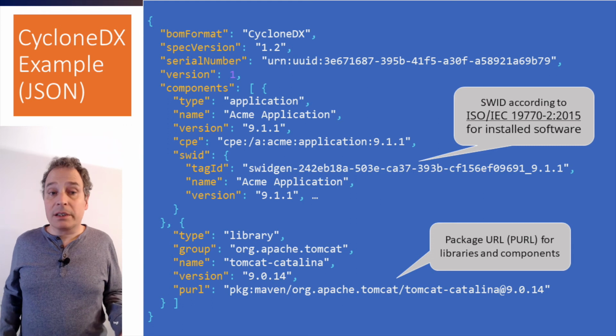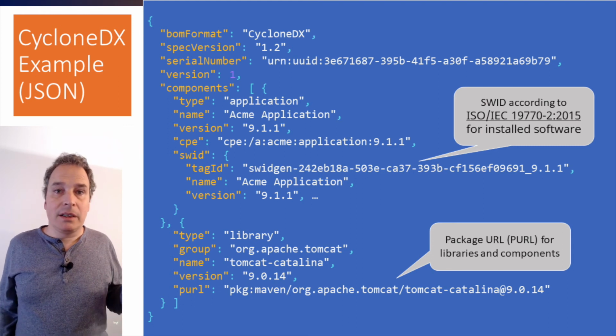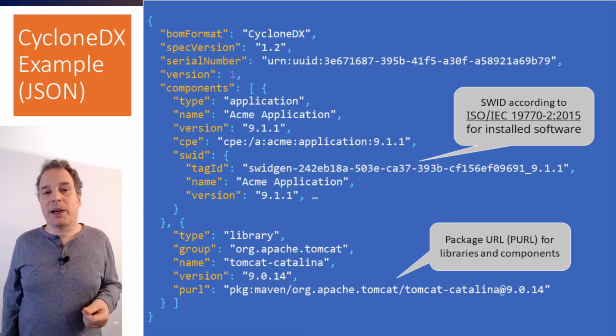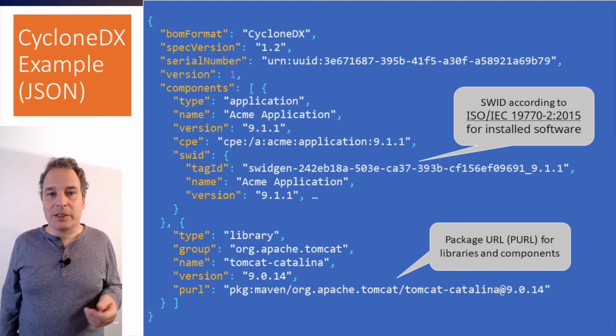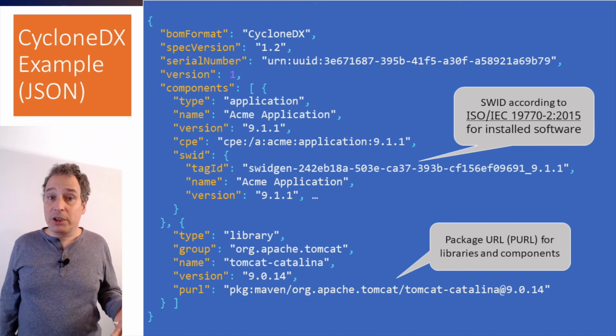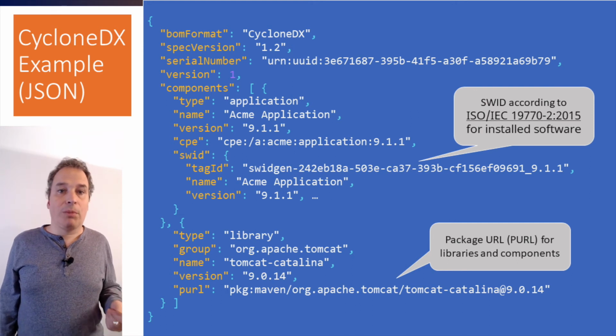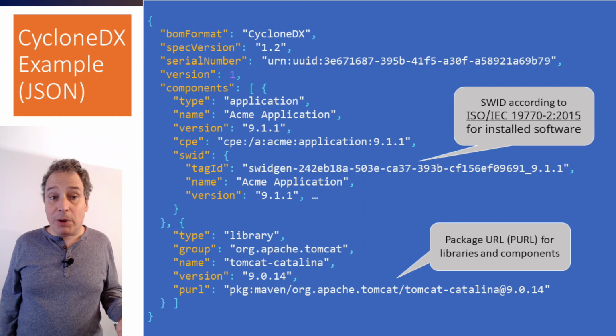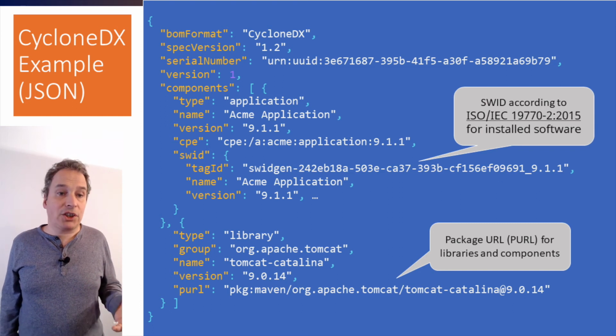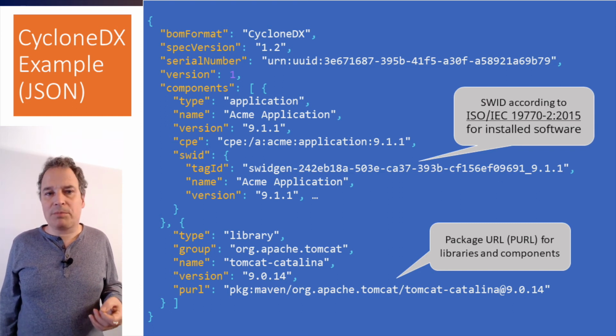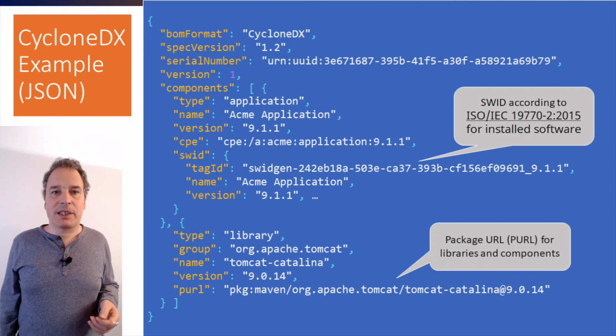The application as installed software is identified by a software ID according to ISO IEC 19770. The library, in this case a Tomcat Java component from some Maven repository, is identified with a package URL, PURL, which is a pretty pragmatic RFC-specified standard identifier for libraries.